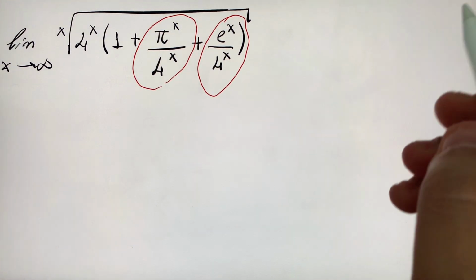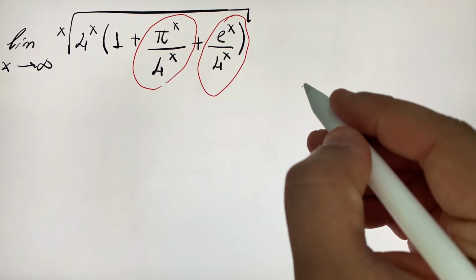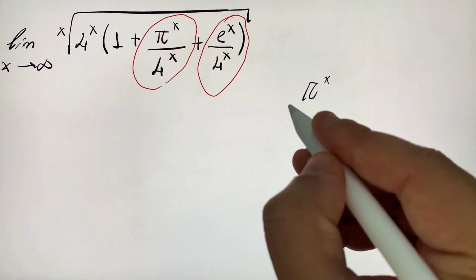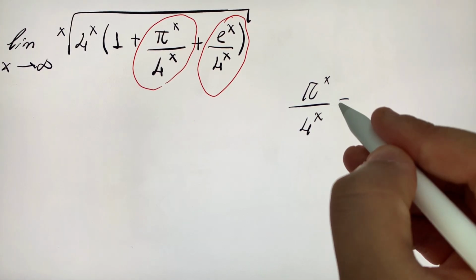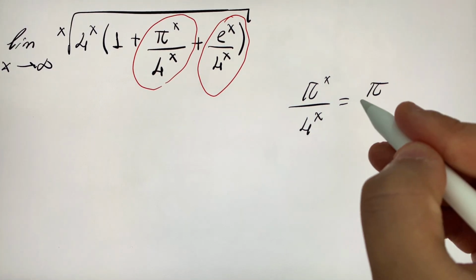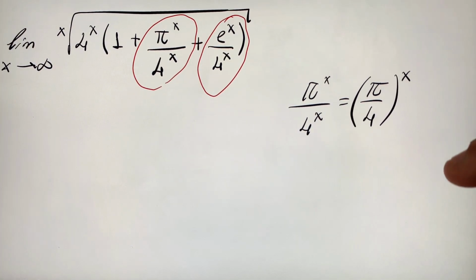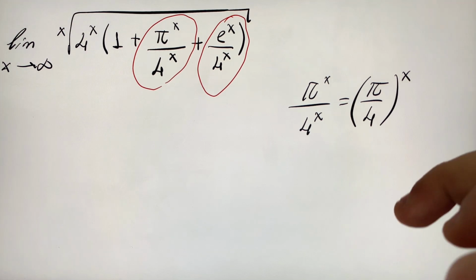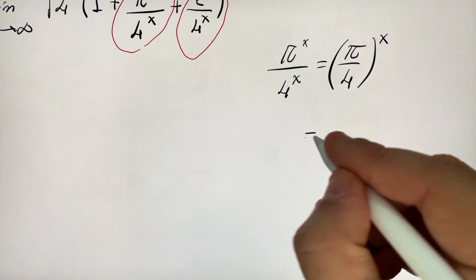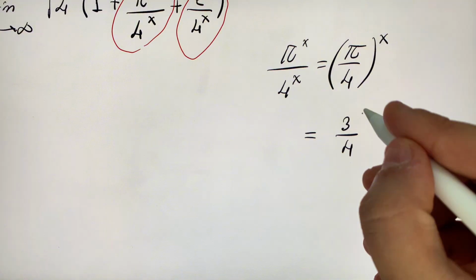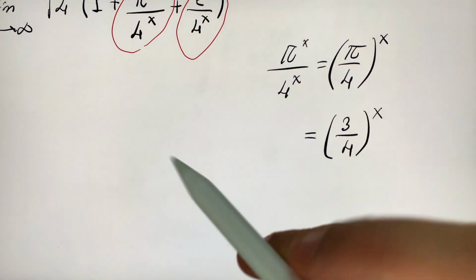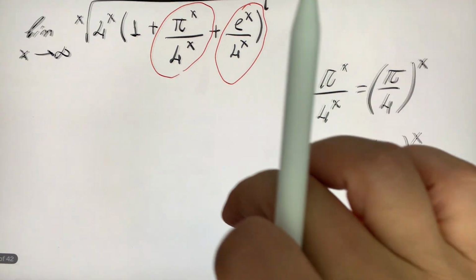So what do I mean? Now, pi over 4, all to the x. The number we call pi, you can think of as 3. So 3 divided by 4, to the x. If you pay attention here, where is x going, guys?